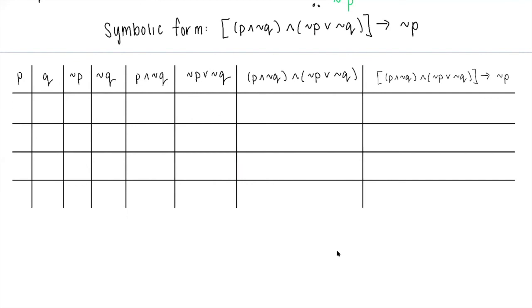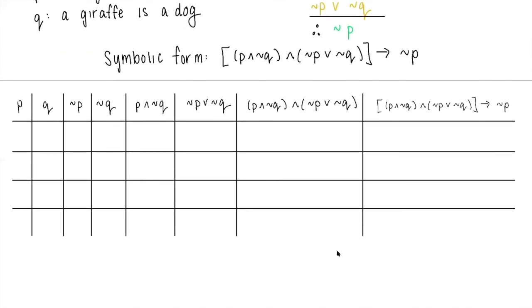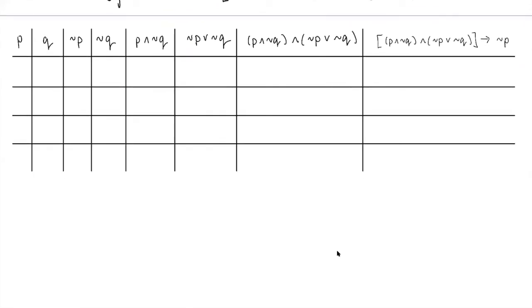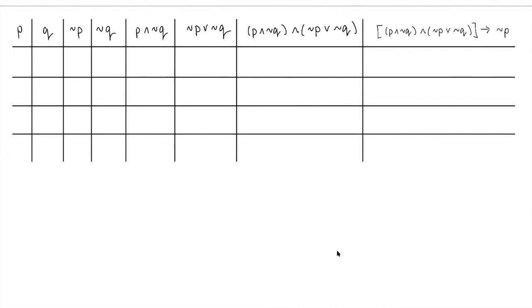Okay. So I'm going to start with all of my truth values first. We've got our standard true, true, true, false, false, true, false, false. And then immediately I can just negate these. So false, false, true, true, false, true, false, true.